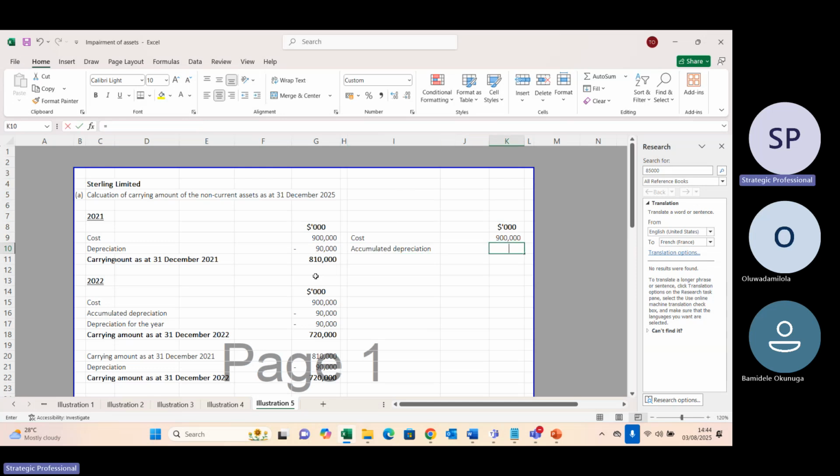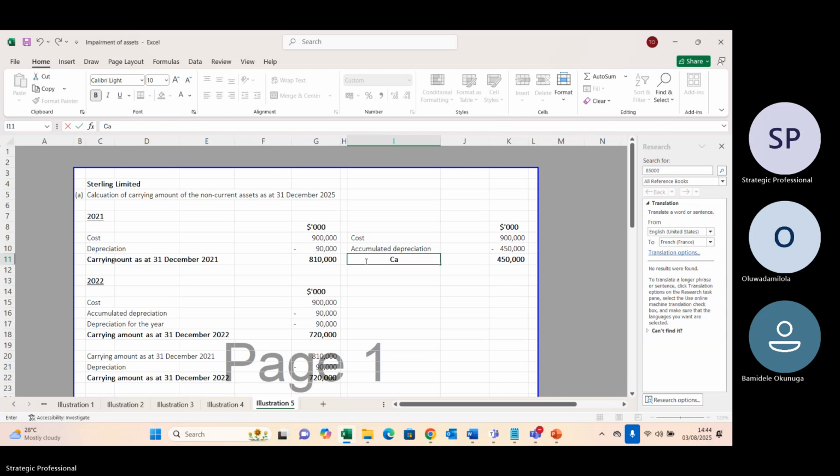Let me just put it here. 90,000 times 5. Yeah, so this is our carrying amount. So that you don't need to be doing year by year. Carrying amount.